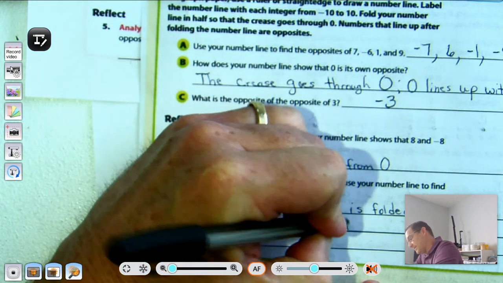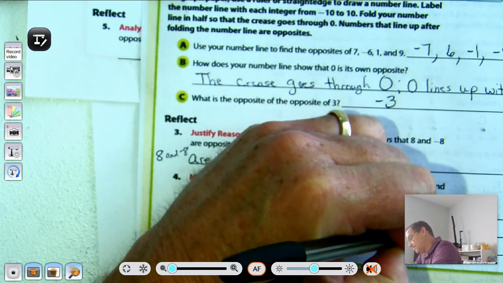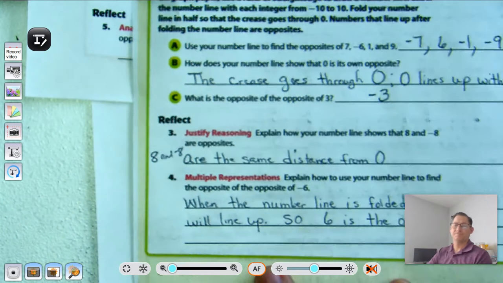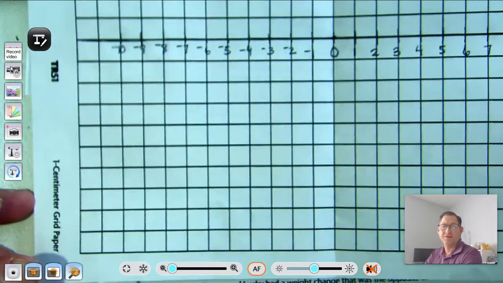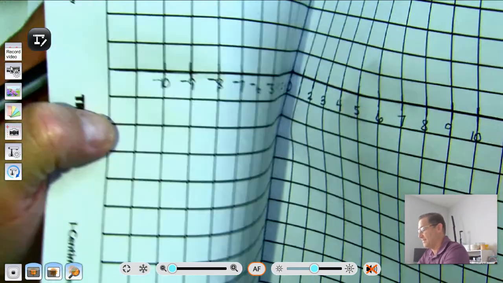So 6 is the opposite of negative 6. Okay. So again, if you have your number line and you fold it, you'll see that negative 6 meets 6.